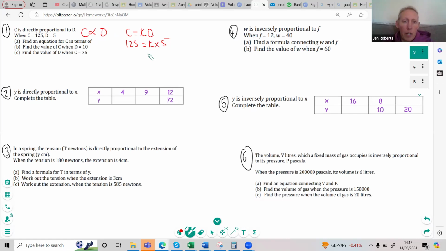Divide both sides by 5. K is 25. So your formula, C equals 25D.